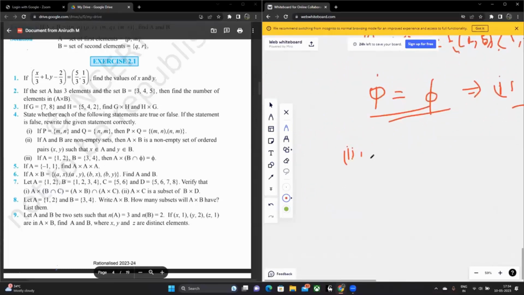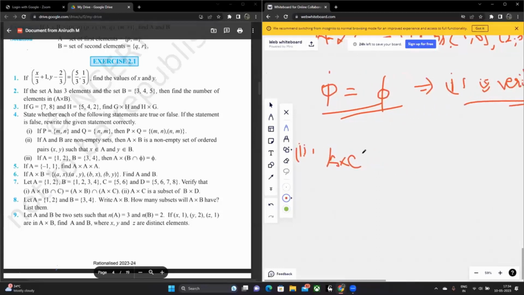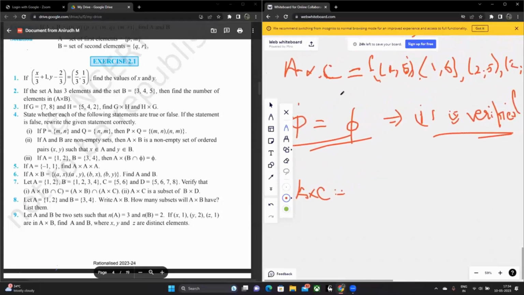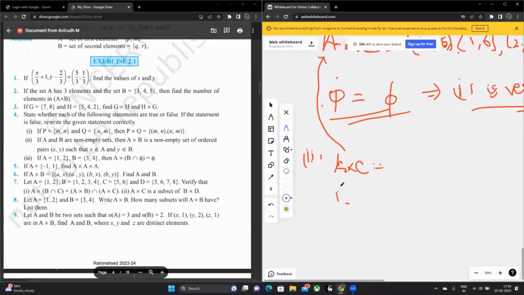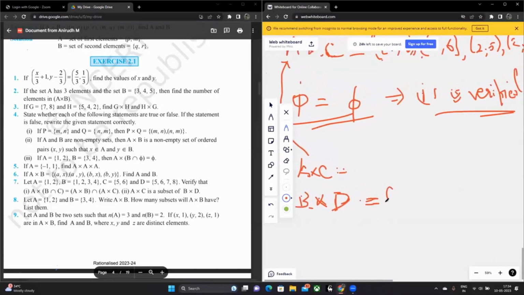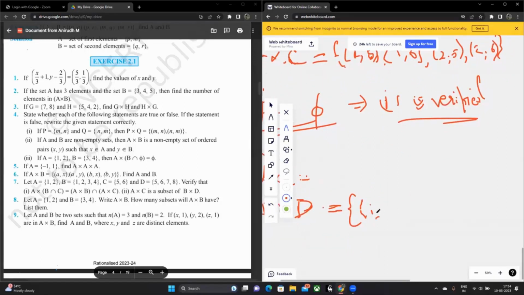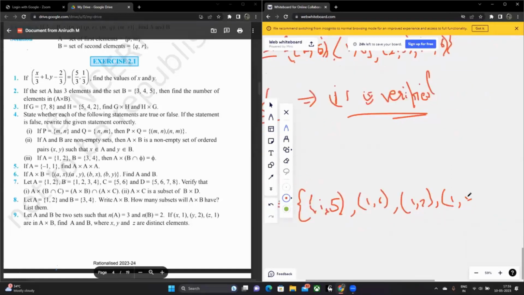And 2, that A cross C is a subset of B cross D. For that, we need to enumerate A cross C, which is basically done over here. I'm not listing it again. And B cross D is basically (1,5), (1,6), (1,7), (1,8).